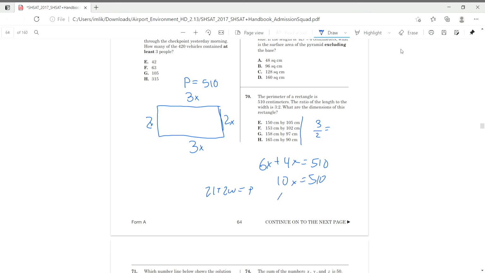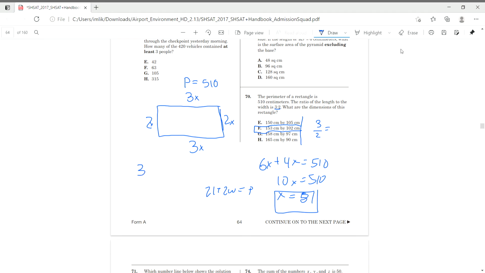Divide by 10, you get x is equal to 51. Now this is your factor. Whatever you multiply by, you have to multiply these two numbers by 51 in order to get the original number. You multiply 3 by 51, you get 153. You multiply 2 by 51, you get 102. So the answer is F.